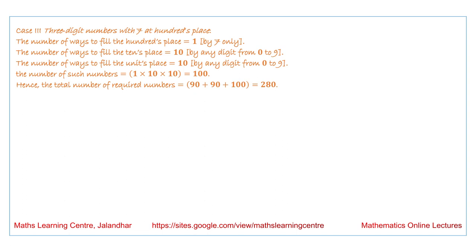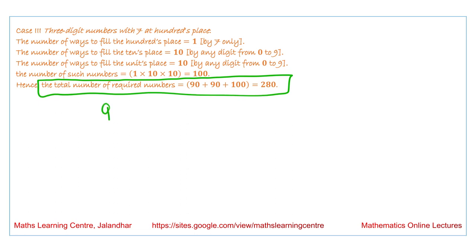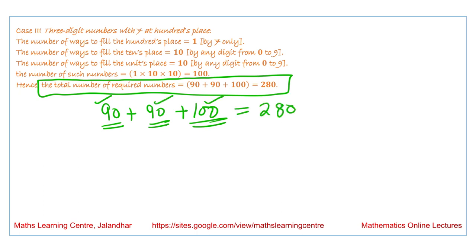So we see that the total number of required numbers is 90 when it is at the units place, then 90 when it is at the hundreds place, and then 100 when it is at the tens place. So the answer we have is 280. So these are the total number of numbers that we can form.